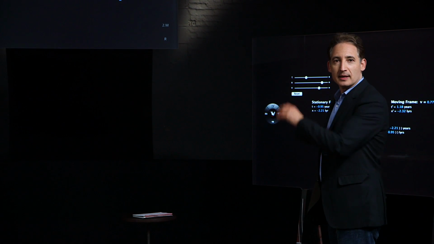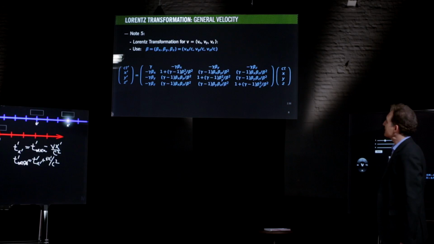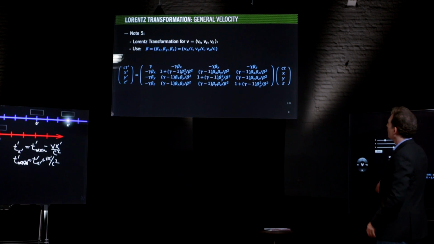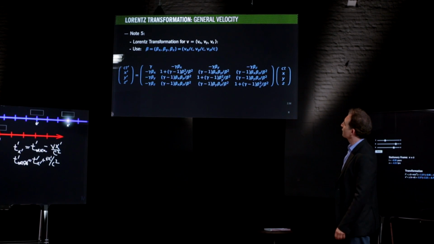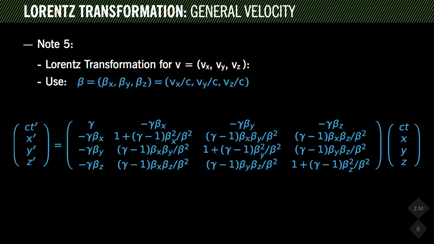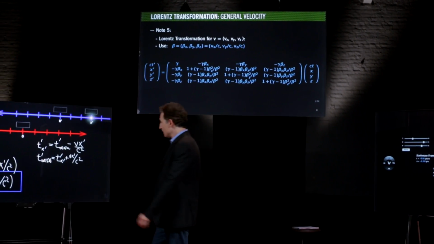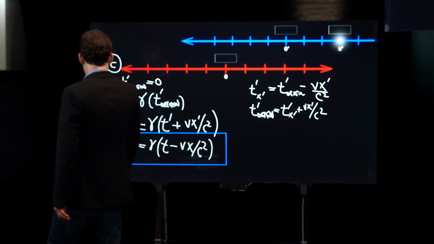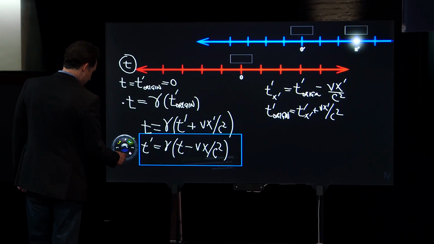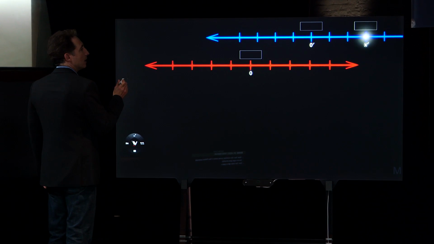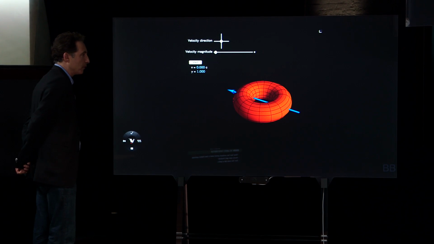This is the way the space and time coordinates in the moving frame relate to those in the stationary frame if the two frames are moving with that velocity, vx, vy, and vz. That is a complicated formula to deal with analytically, but of course, you can program a machine to do the work for you.